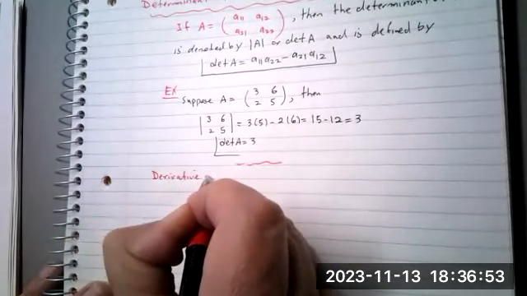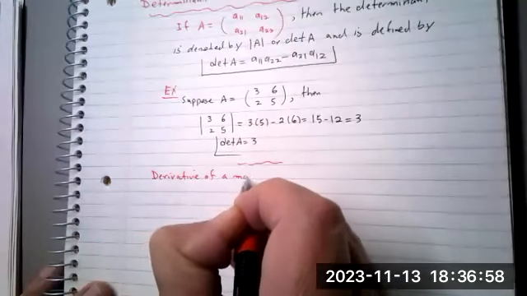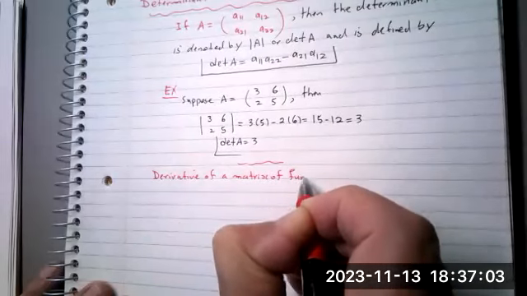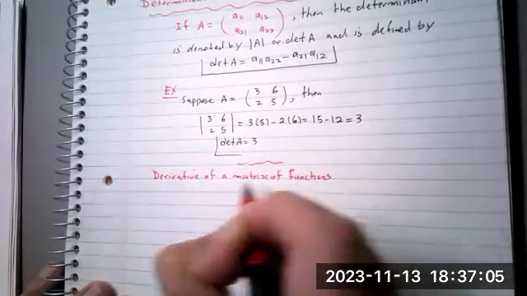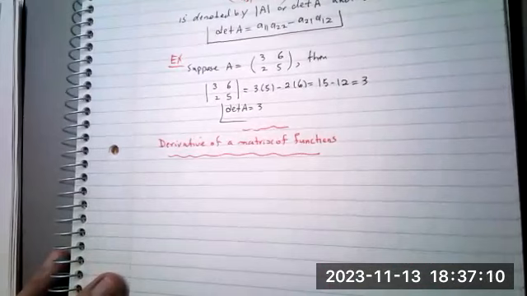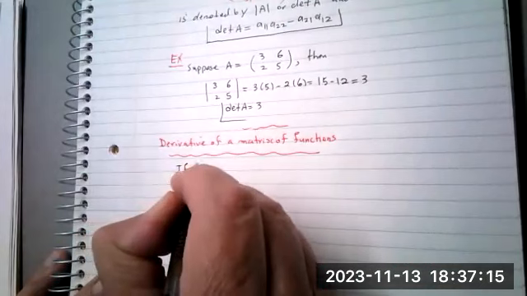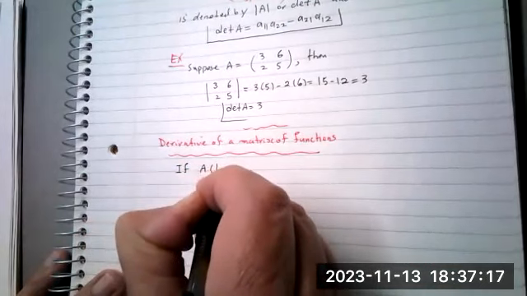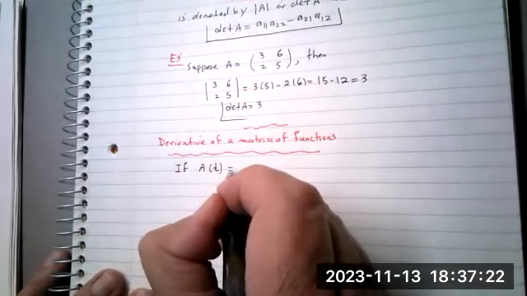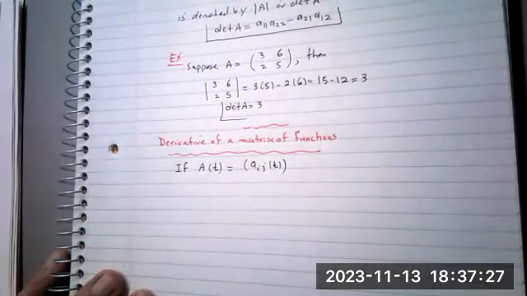Derivative of a matrix of functions. The functions are going to be functions of time. So we denote them by f of t, g of t. Basically, if your matrix is going to be a matrix of functions, it's going to be A of t. So each term, a_ij, is going to be a function of t.